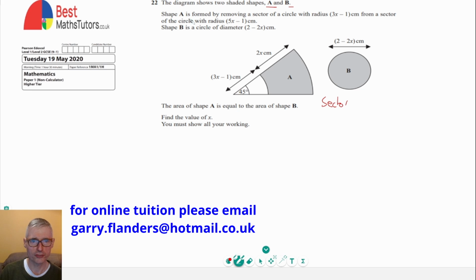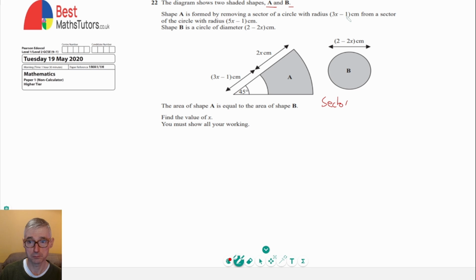And it says that the shape A is formed by removing a sector of a circle with radius 3x minus 1 from a sector of a circle with radius 5x minus 1. So what that means is the sector radius 5x minus 1 is actually the whole of this shape here.